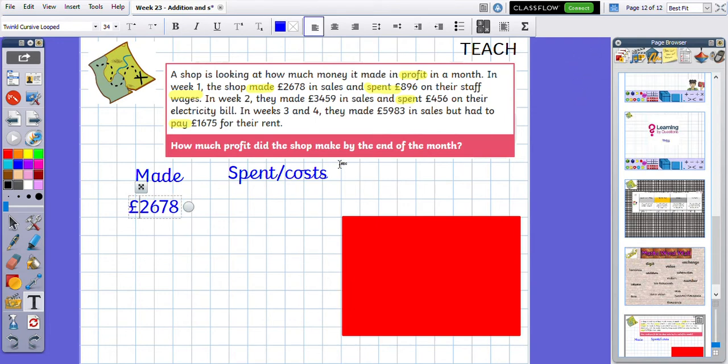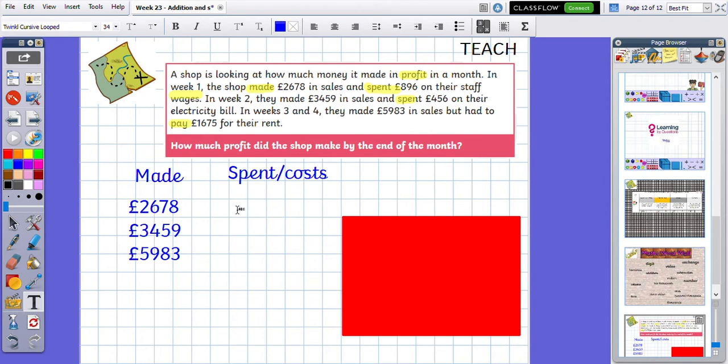There we go. And then in week 2 they made £3,459, and then in weeks 3 and 4 they made £5,983. So that is what they made altogether in the 4 weeks, in 1 month.